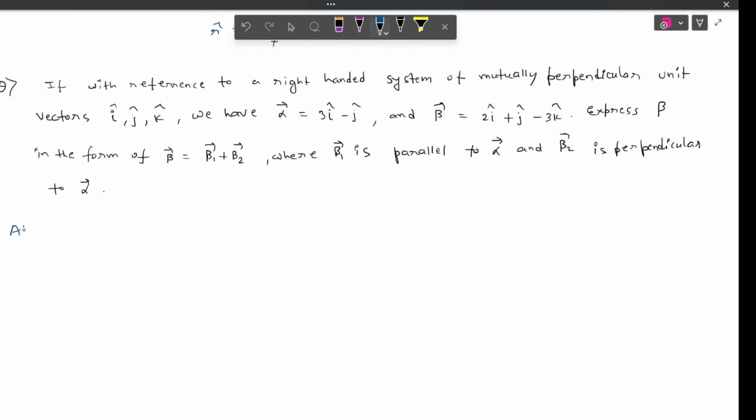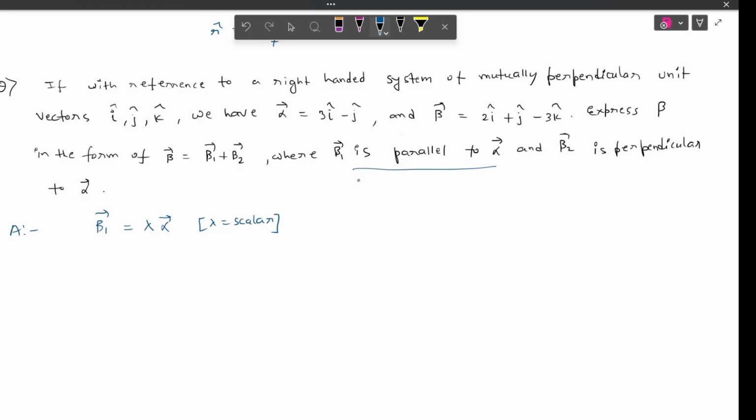See, it is given that beta 1 is parallel to alpha vector. So we can write beta 1 vector as some scalar lambda multiplied by alpha vector, right? Here lambda is a scalar. That's how we represent parallel vectors.